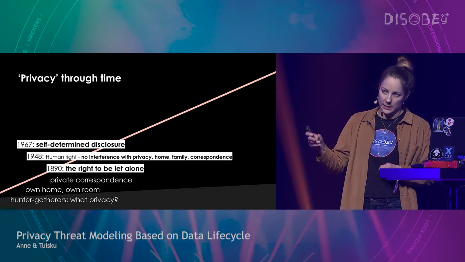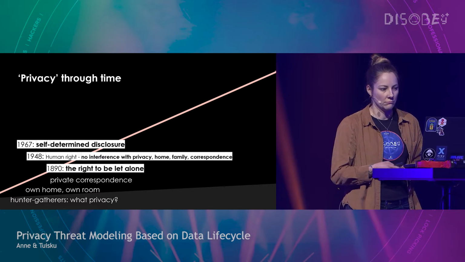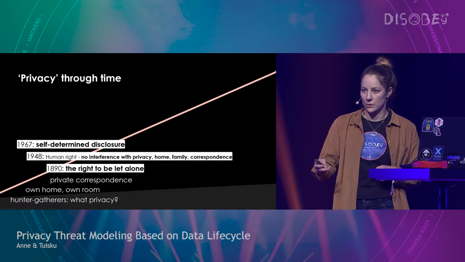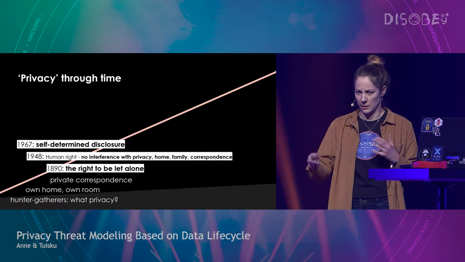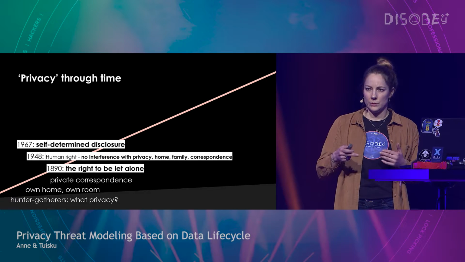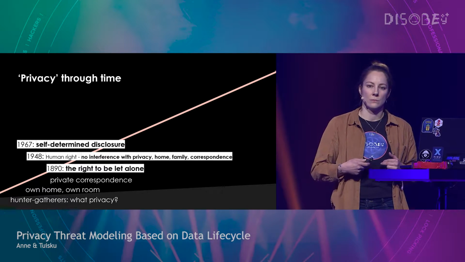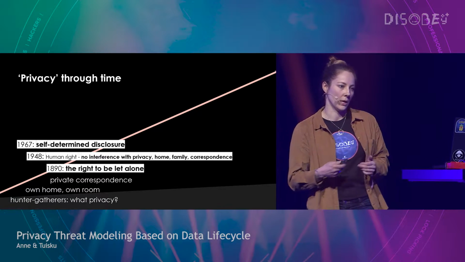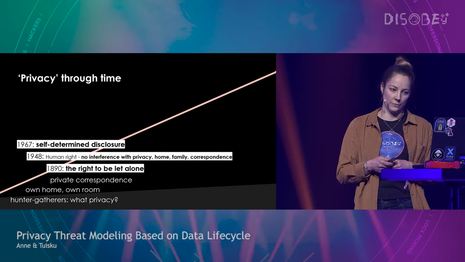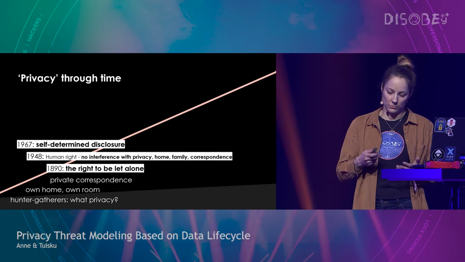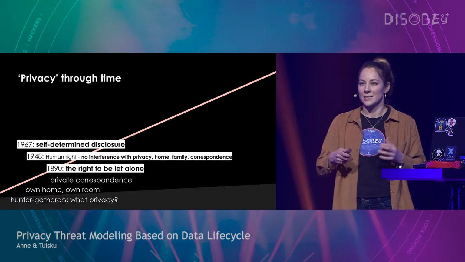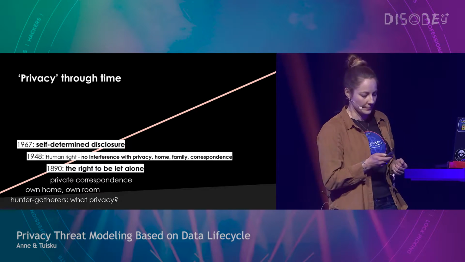And there he defined privacy as the claim of individuals, groups, or institutions. I think that's quite interesting. Institutions could have privacy too. To determine themselves to what extent, and to whom information should be released, how information should be communicated to others. So it is something about self-determined privacy.